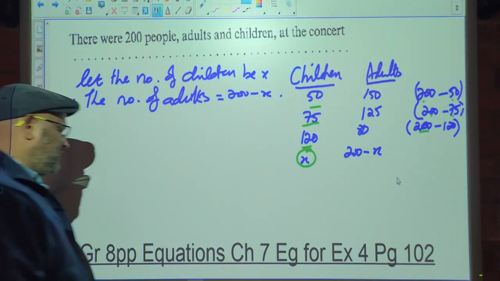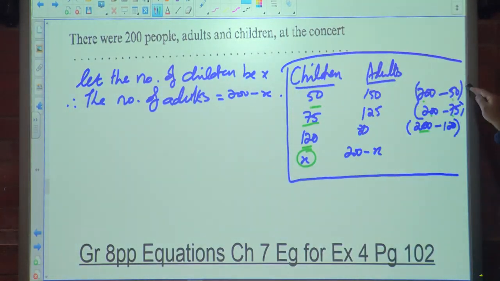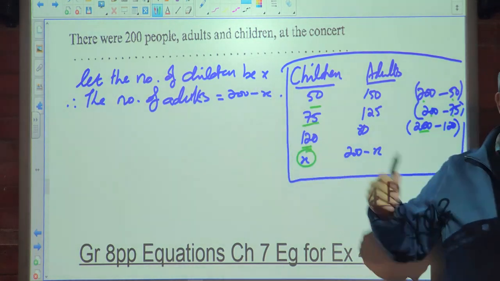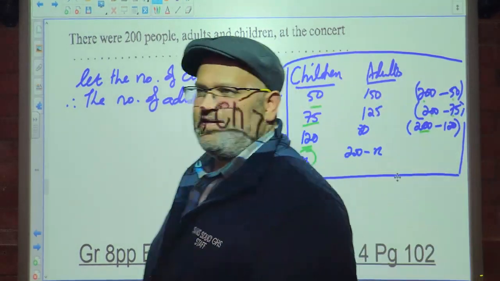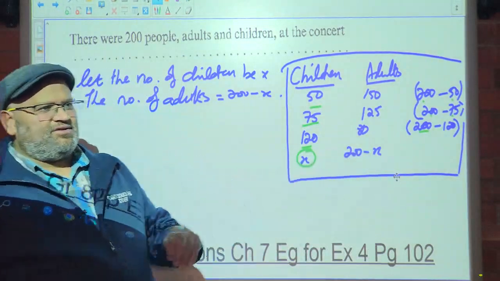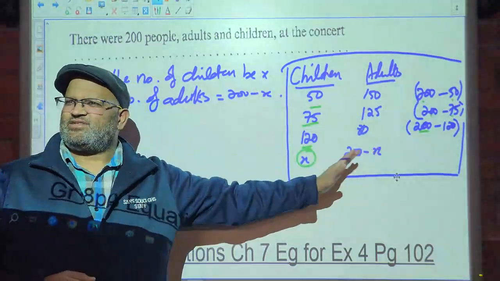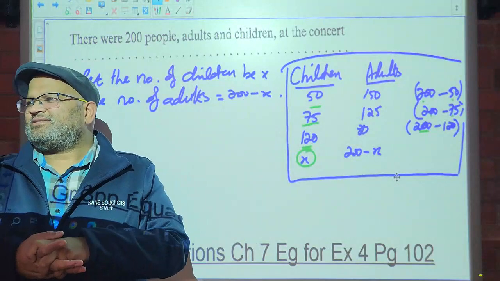Now, people, we do not write this down. I'm just using this for explanation purposes. We just write this down. You'll see later on when we do the equations, I'm not going to do this. But if a learner doesn't understand, then I first do something like this, just to give them the understanding why it is 200 minus x.